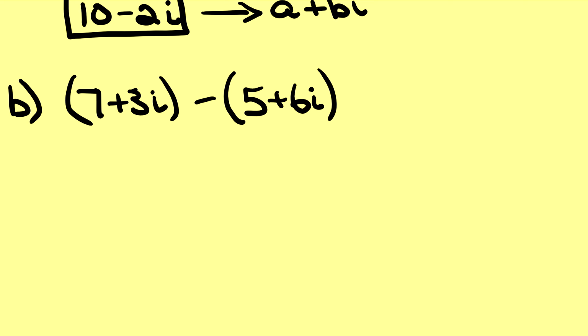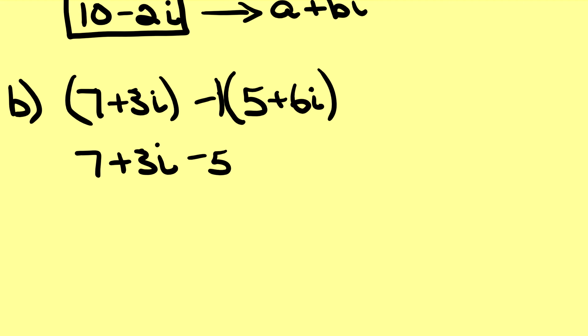B of example 5, now notice I'm subtracting. So just like with polynomials, I have to distribute the negative 1 going across. And I want to do that first. So I'm going to just drop the parentheses in the first part, this binomial here, with 7 plus 3i. Then distribute the negative. Negative 1 times 5, negative 5.